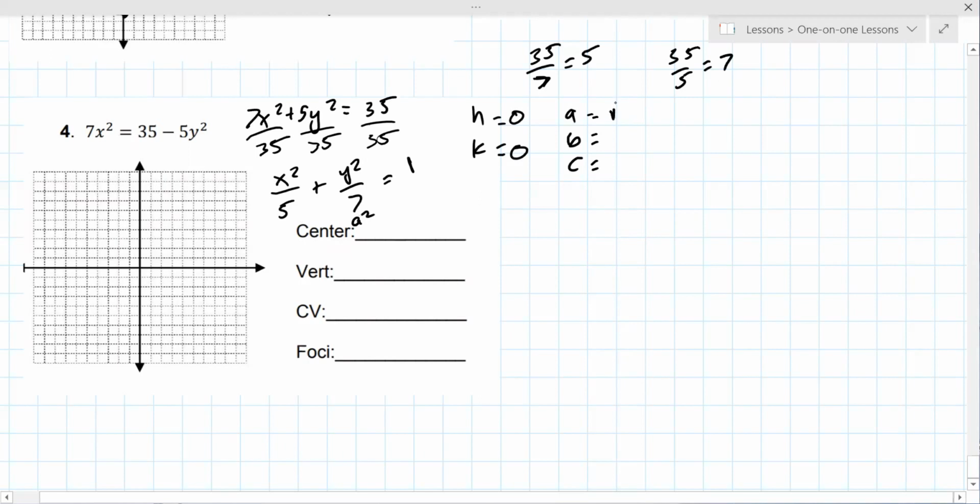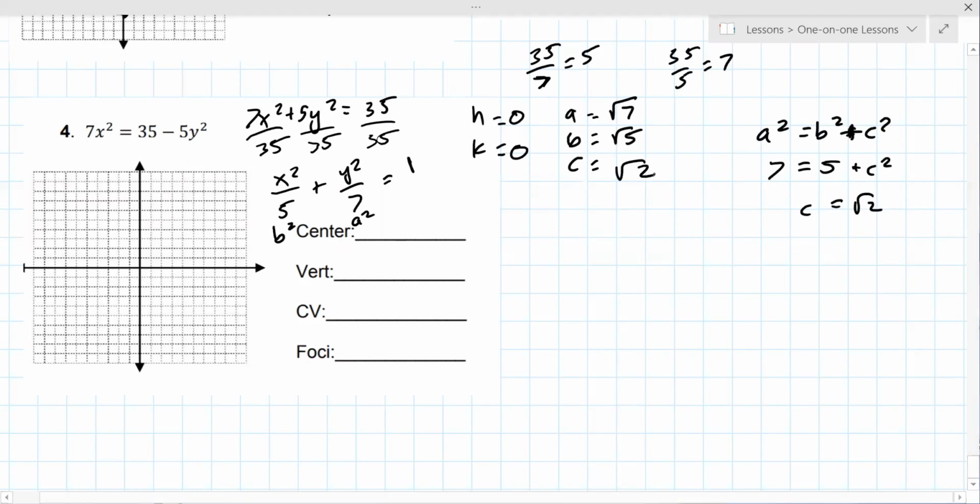That means A squared is 7, so A is the square root of 7. B squared is 5, so B is the square root of 5. And then C is found from A squared equals B squared plus C squared. A squared is 7, B squared is 5, so C ends up being the square root of 2. The center is still 0, 0.